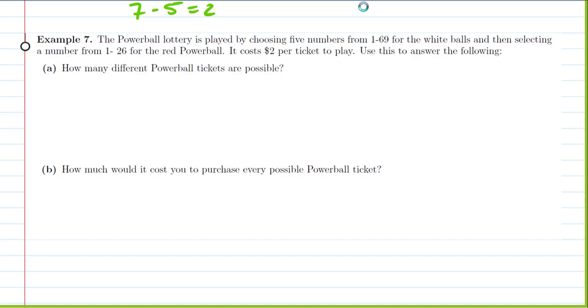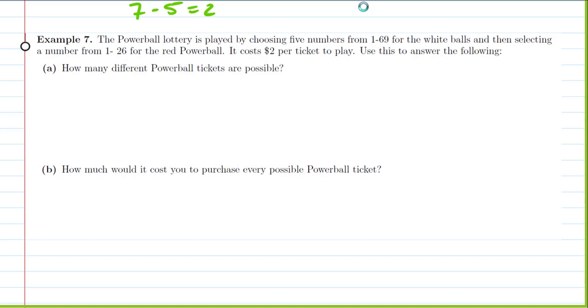But you don't have to match the order that the balls are picked in. There's no data for that. So how many stages do we have in this experiment? We choose our 5 white balls, and then for the next stage, does the red ball have any effect on the white balls? No, because they're independent from each other.